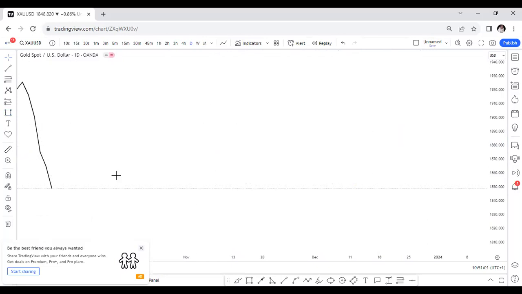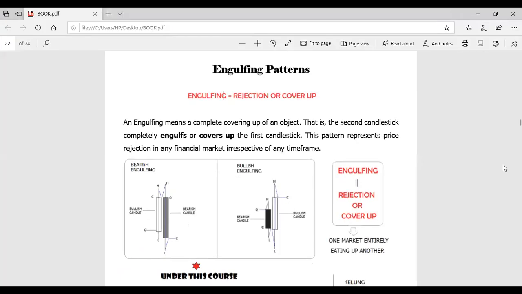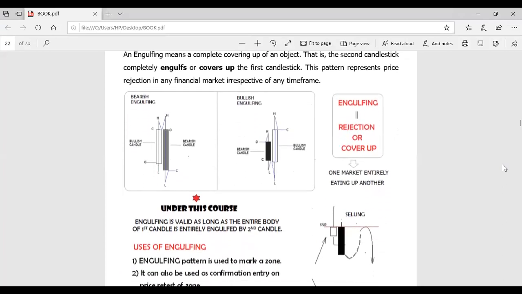So we go straight to the different variations, so let me open up the manual to see the different variations of engulfing.